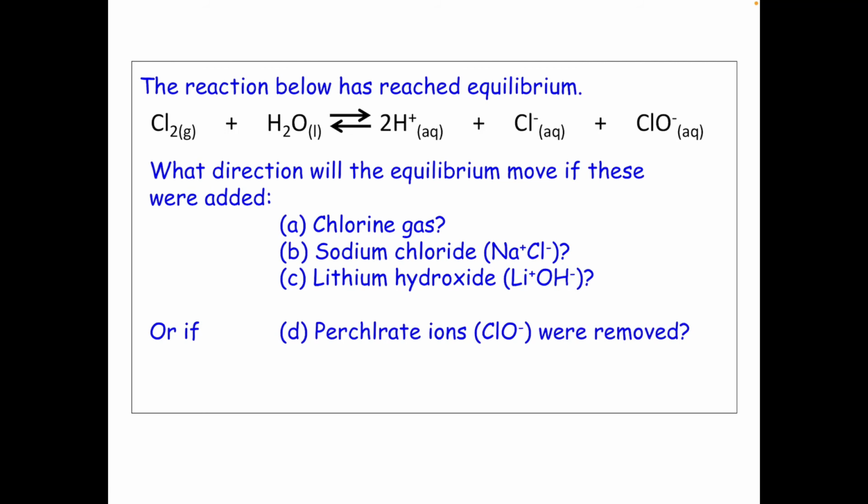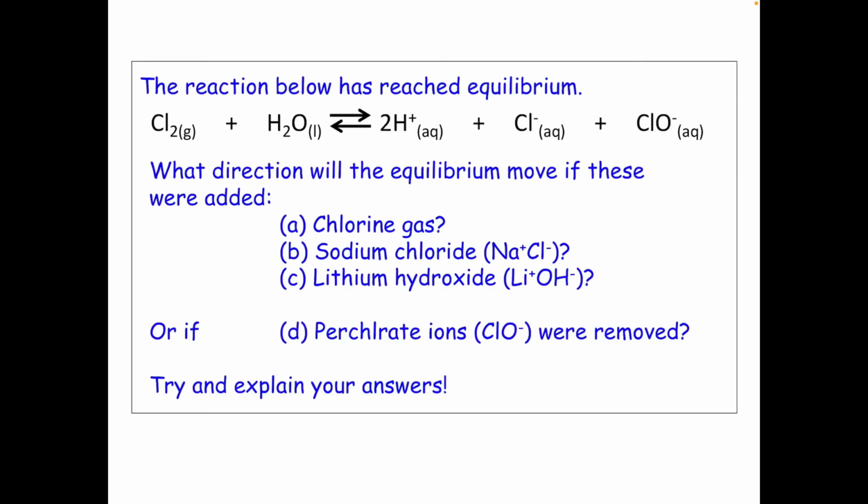Okay, so let's start with chlorine gas. If you add chlorine gas, what's going to happen is it's going to move the equilibrium towards the right, because you're going to be using up the more chlorine gas that you're adding in.